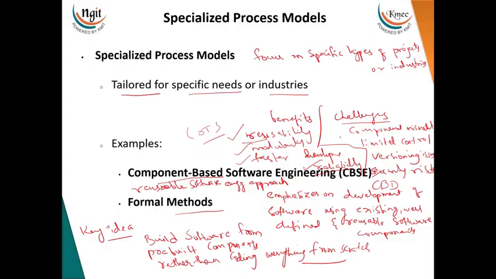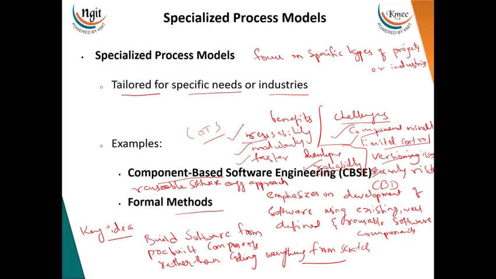Challenges are component mismatch, because sometimes the interfaces or the behaviors might not match our system needs. That is why we say the components get mismatched. Then we have limited control. The source code for the components we are searching for may not be available sometimes, so we have limited control. This is one of the challenges we face in component software engineering.